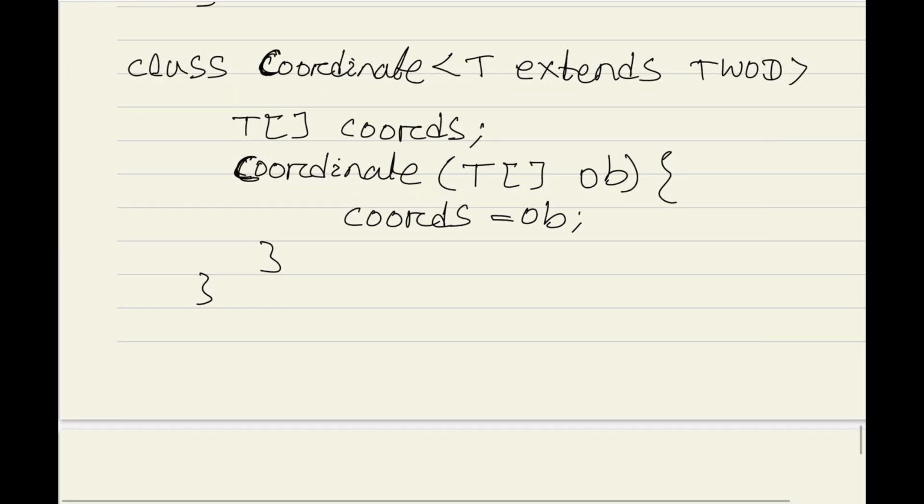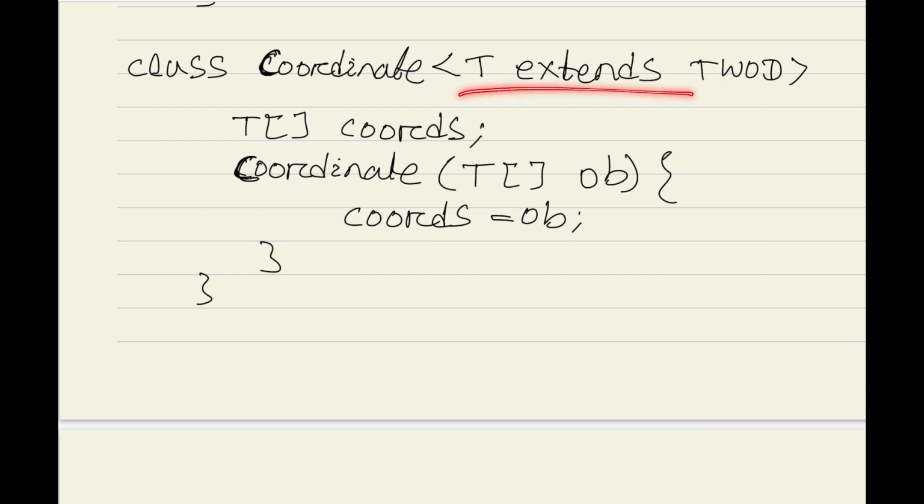So here you can observe that this Coordinate specifies a type parameter bounded by 2D. So we have earlier discussed bounded types and we are implementing this here.